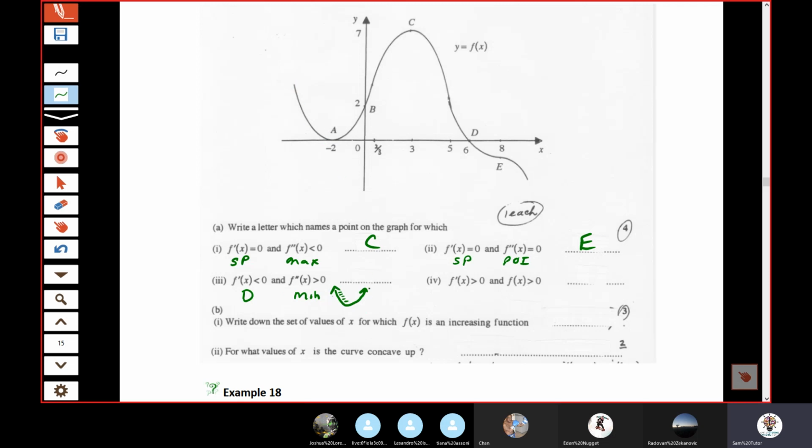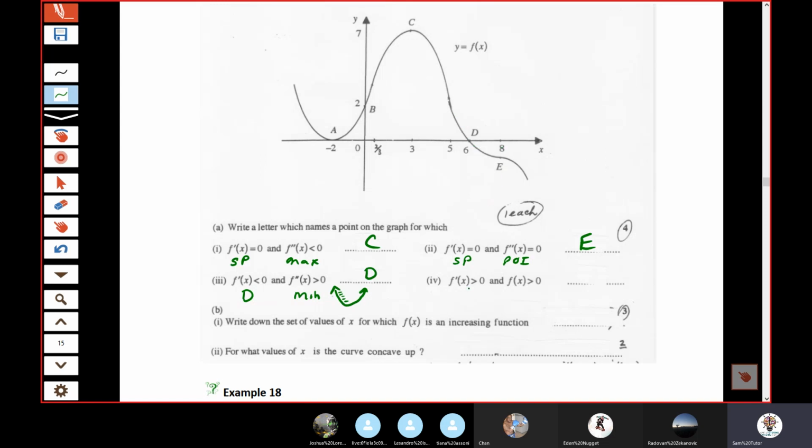Oh, it's not A, it is D. It's not A. A is what specifically? A stationary point. It's a minimum stationary point. It's actually D. The sneaky guys. Can you see it? Yeah. It's a minimum, right? And it's decreasing. Yeah. There's always going to be one sneaky one, isn't there?